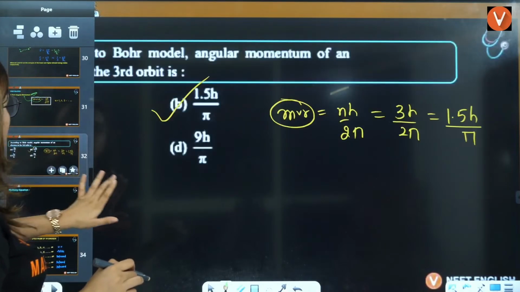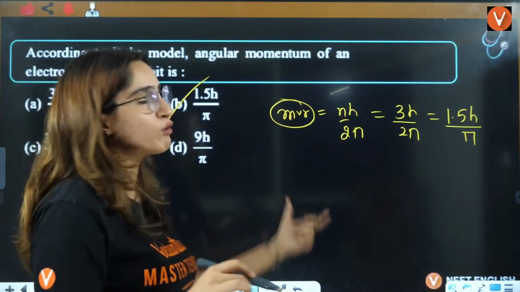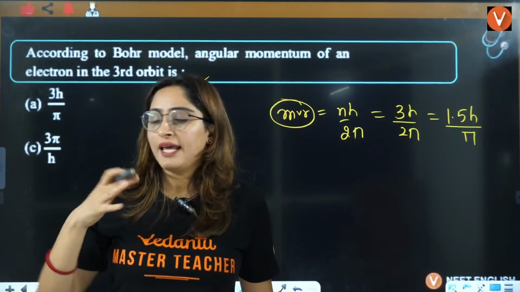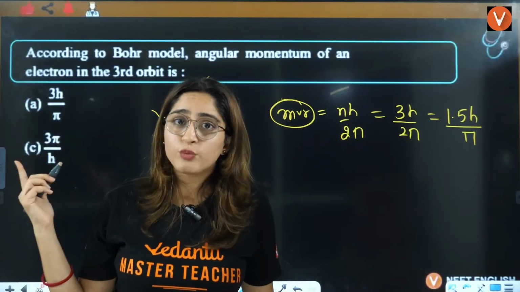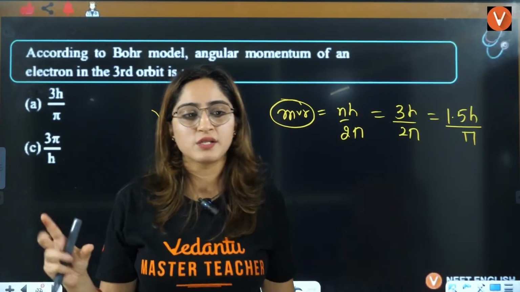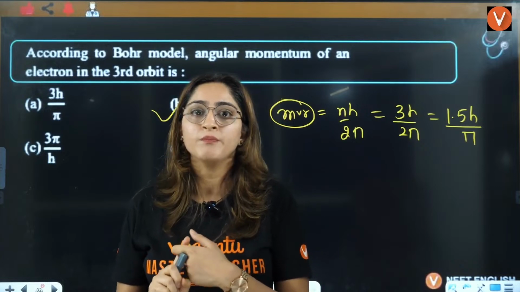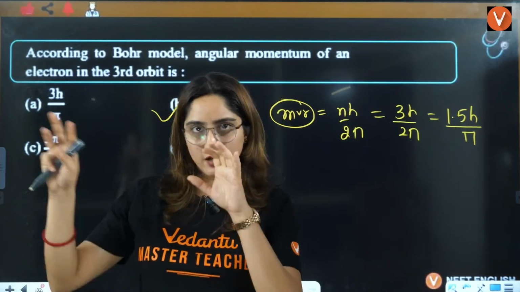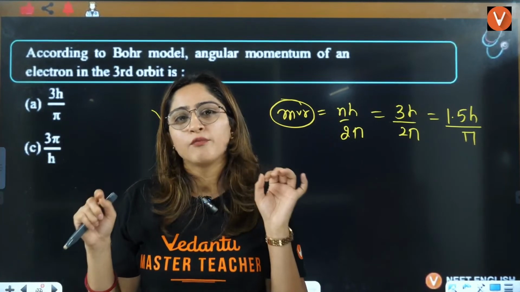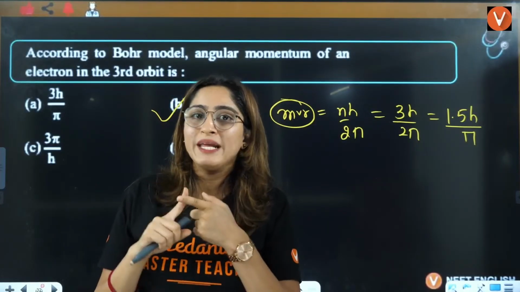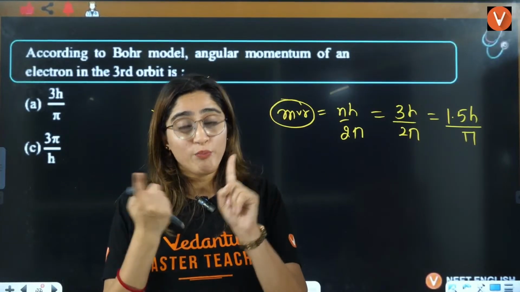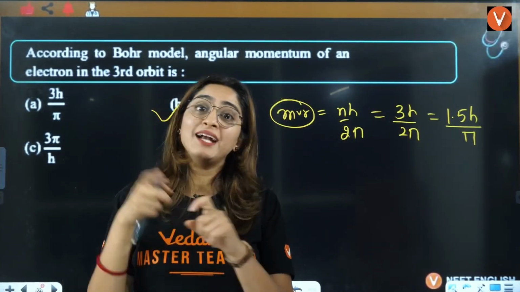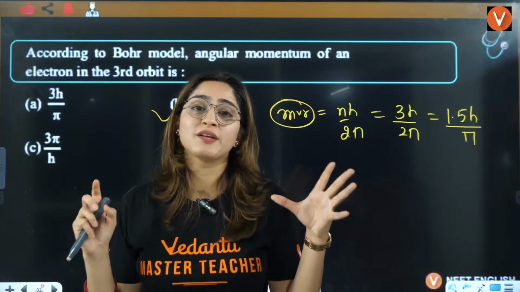That's what I wanted to tell you, that this particular formula, they can give you related questions with radius and angular momentum. They can give you mixed questions of angular momentum and de Broglie's wavelength. But firstly, I have to complete de Broglie's wavelength, and then I'll talk about how radius, angular momentum and de Broglie's wavelength questions can be connected.